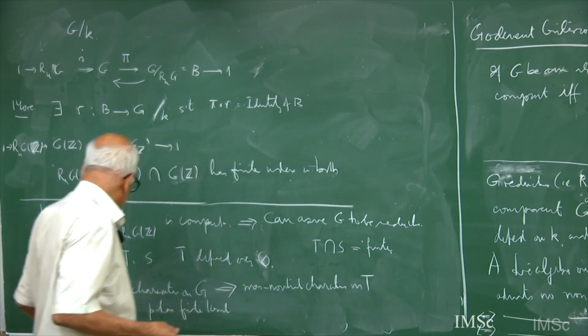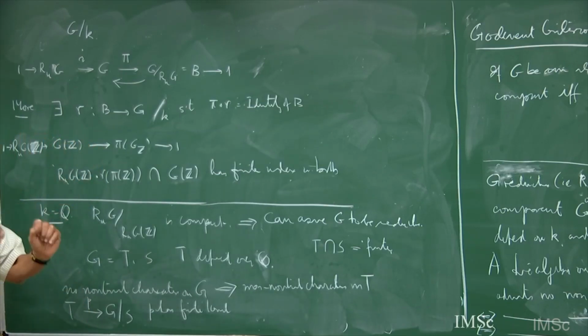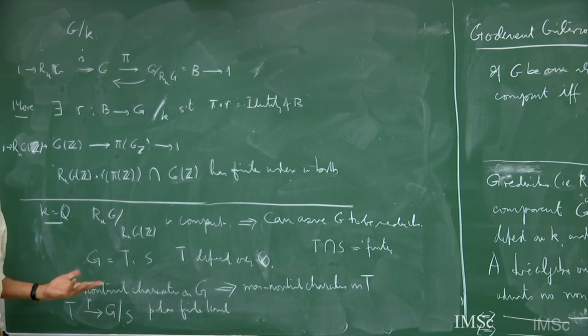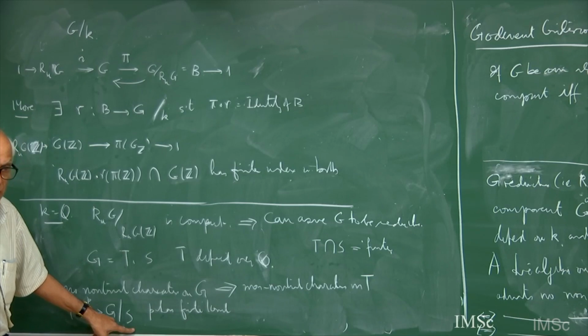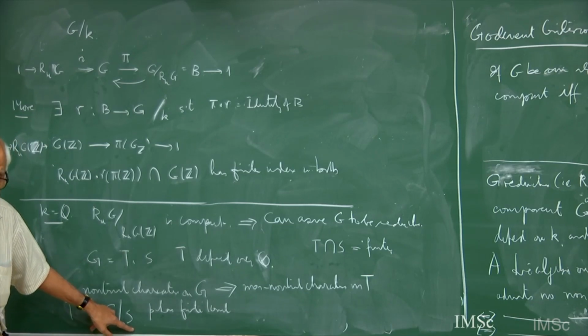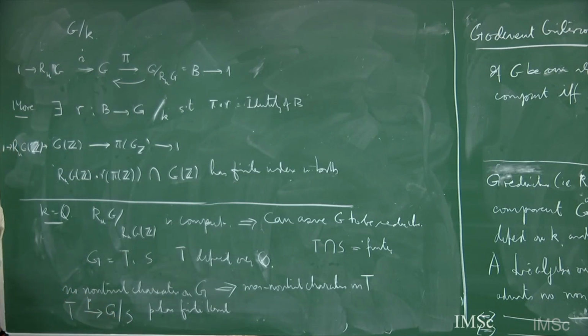So if the finite group is of order R, look at the set of elements of order R, the quotient is a torus and that will be a further quotient of G by S. The quotient is again a torus of the same dimension, so it will have plenty of non-trivial characters, therefore G by S will also have non-trivial characters if T has non-trivial characters.